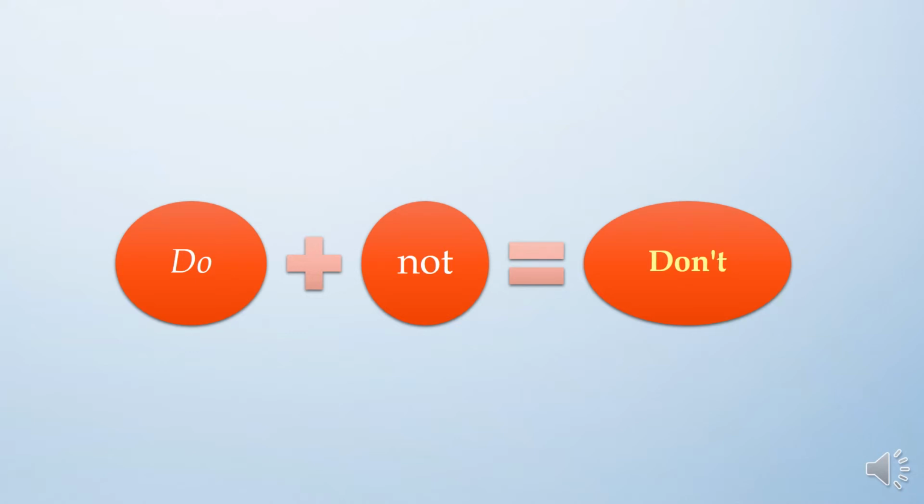This makes it easier for us to say the negative sentence. And then here we have does not. Remember, does we use for he, she, and it. Does not turns into doesn't. So we have don't and we have doesn't.